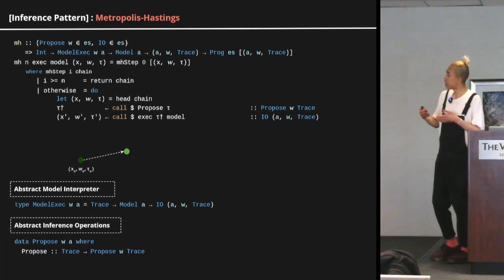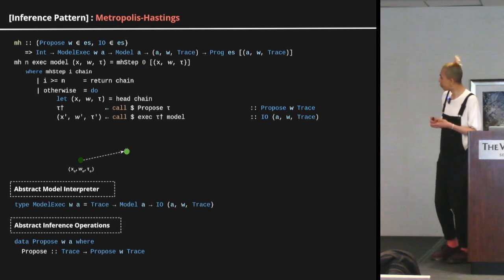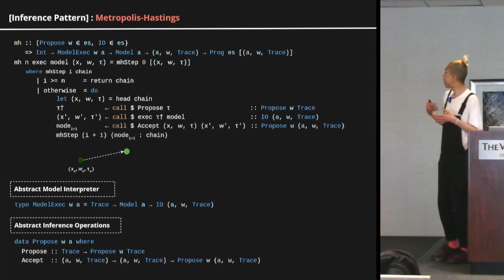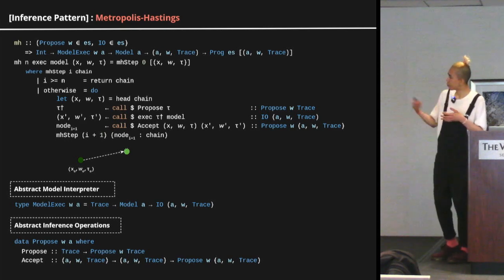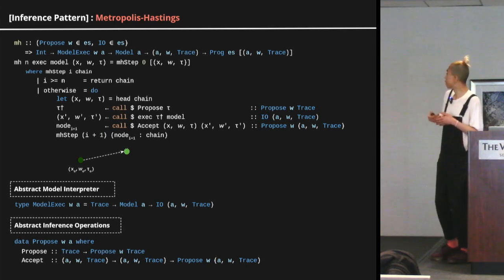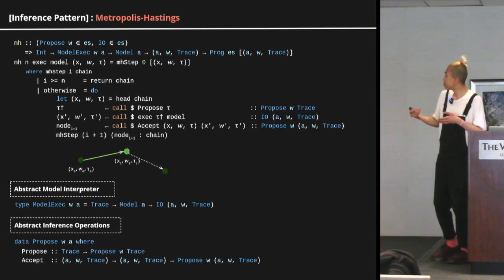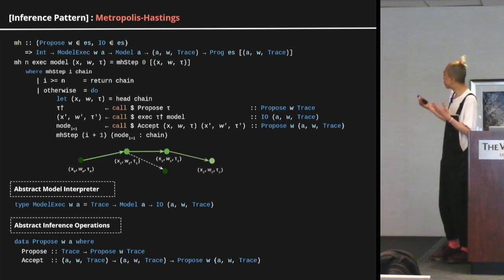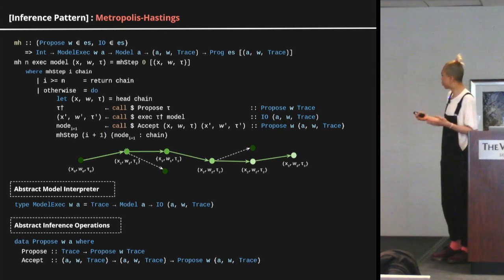It executes our model under a given trace and returns us a resulting configuration. And then finally, we'll call accept, which compares our new configuration with a previous one. If our new one is better by some unspecified means, then we'll add it to our chain. If it's poorer, let's say in the next step, then we'll stick with our old configuration. And by recursing, this procedure continues, building up this chain of configurations.